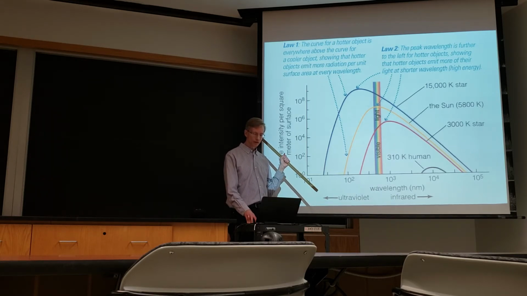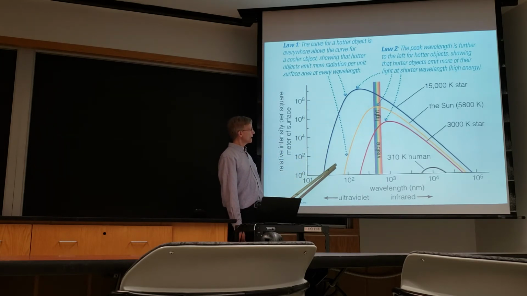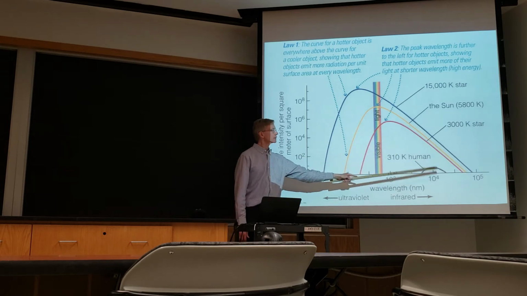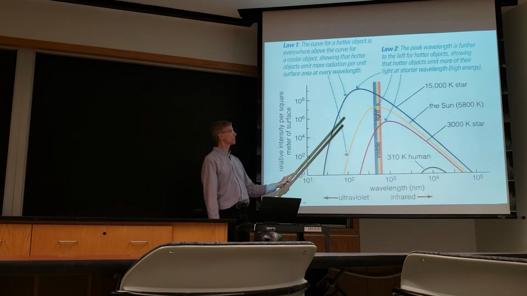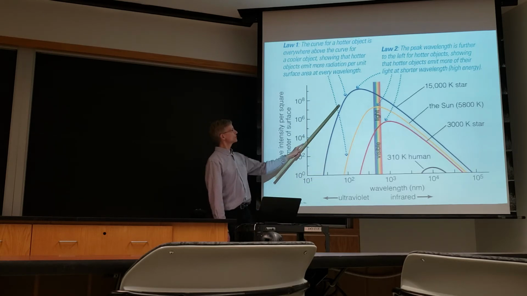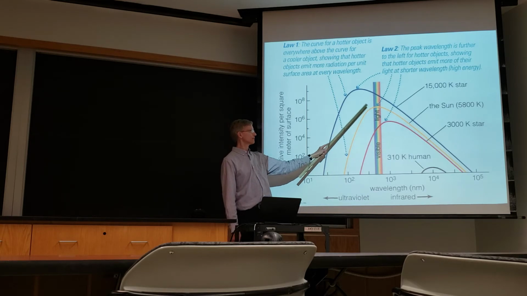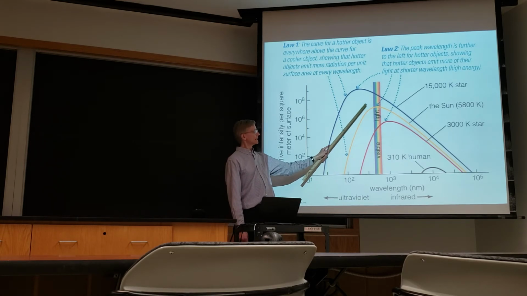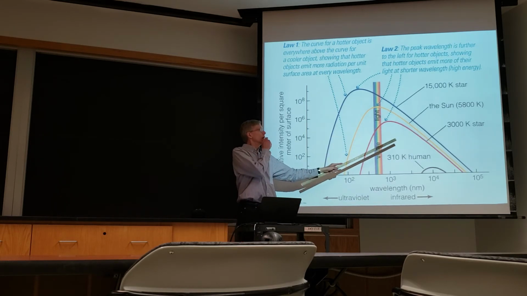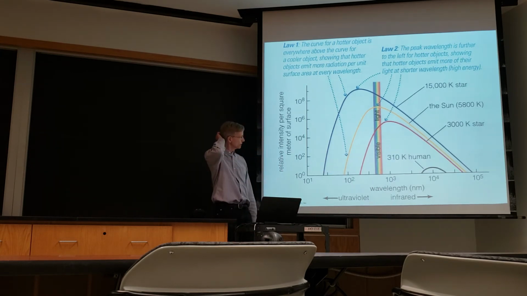And then there's the Stefan-Boltzmann law. Notice that a hotter black body is actually brighter in every wavelength than a cooler black body. The amount of energy coming out of each square meter of the 15,000 Kelvin star is bigger at every wavelength than is coming out of the 5,800 Kelvin star, and that's bigger at every wavelength than is coming out of the 3,000 Kelvin star per square meter.